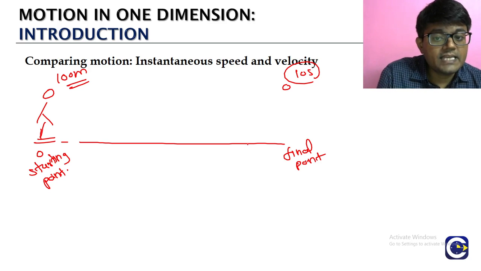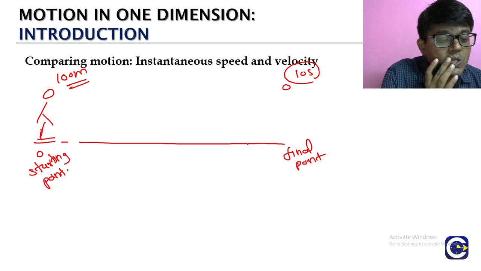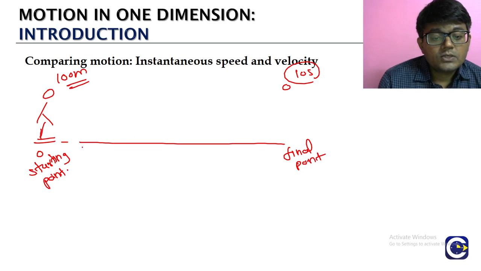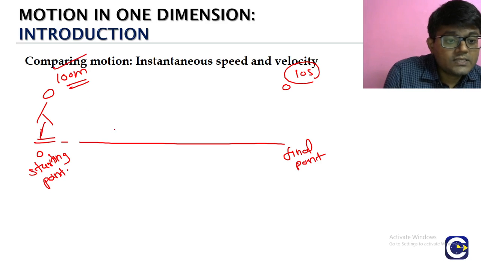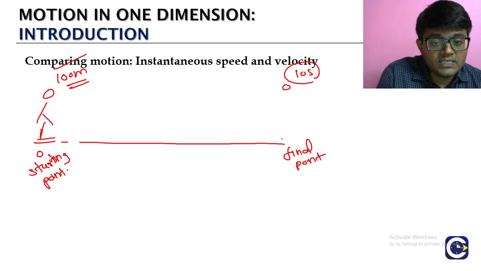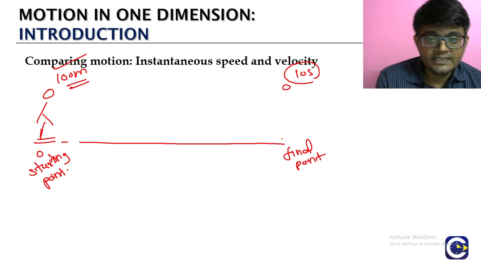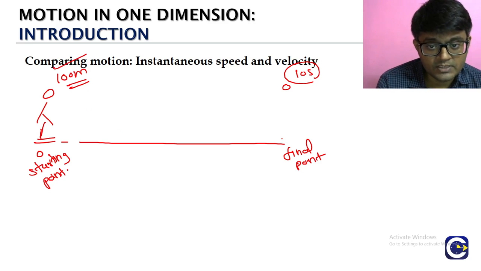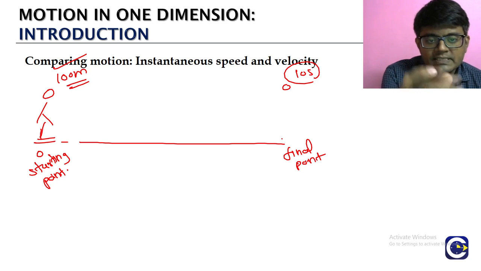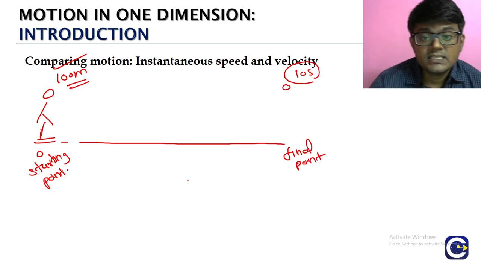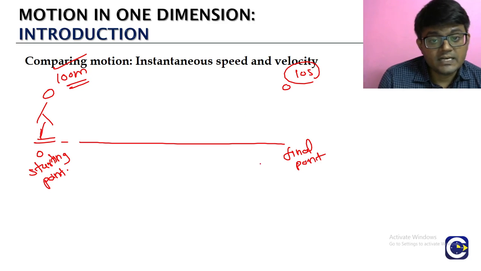Okay, so he's taking 10 seconds, imagine. Then the total journey time will be 10 seconds. In the 10 seconds, how much distance is he covering? Obviously the 100-meter race we will consider as a straight line. So the distance covered and the magnitude of the displacement will be the same. Let us talk about distance itself. He's covering a distance of 100 meters.